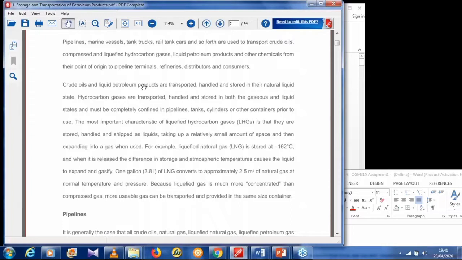They will have other heavier components to get to the greasy, and then we have bitumen, which are heavier residues or semi-solids.